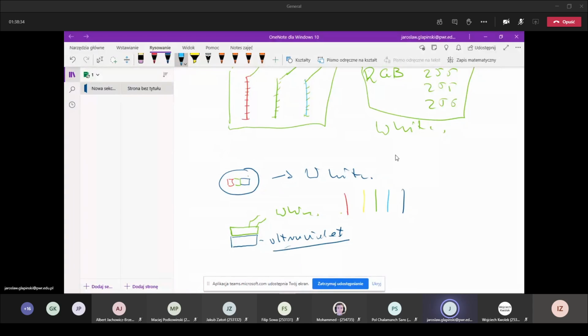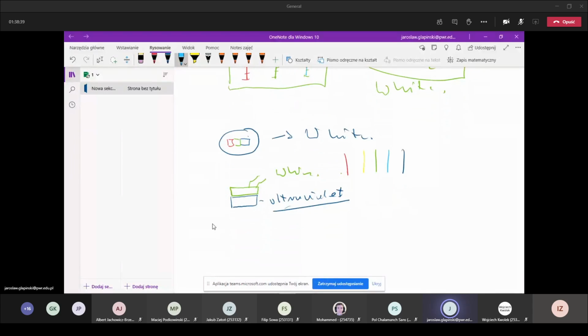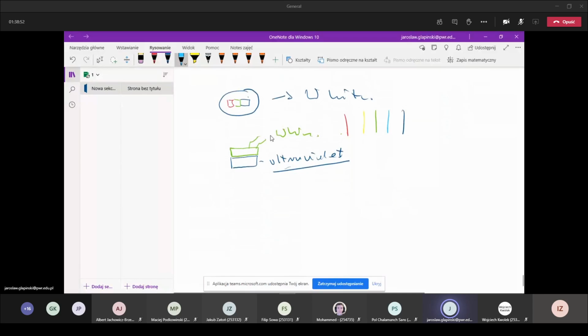So we can tune the light warmth. We can add some layer which produces warm or daylight. Any questions?